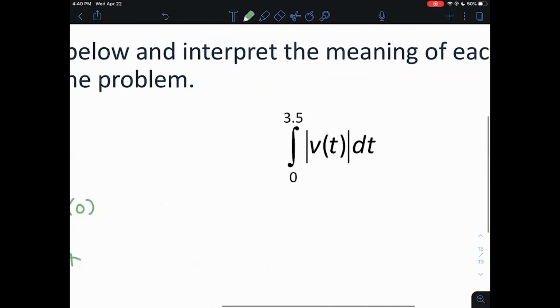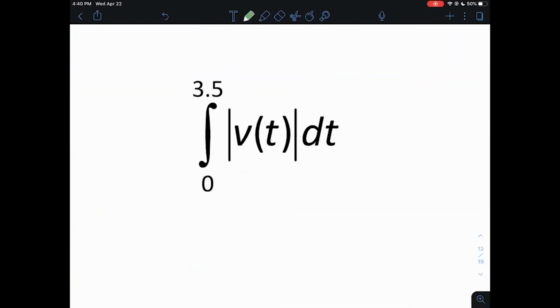When we change this to absolute value, that means that every one of those negative area sections, when we look at the graph of velocity, is going to turn into a positive area section. So there will be no cancellations between positives and negatives, or in terms of velocities, forwards and backwards.